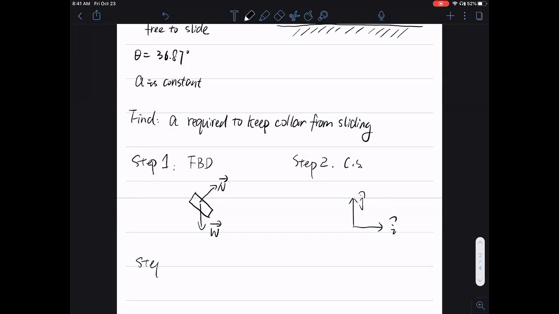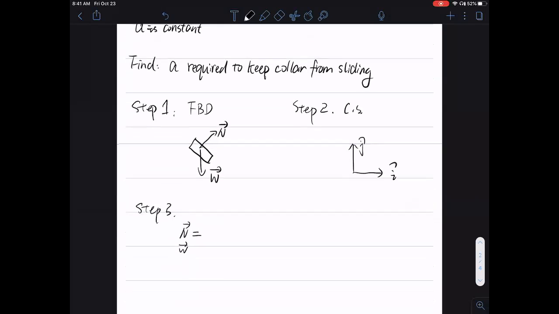Step 3 is to write all the forces in vector form. We'll only have two forces. Should be pretty easy. The normal force has an angle, so you use trigonometry: N sine theta is in the I direction, plus N cosine theta in the J direction.